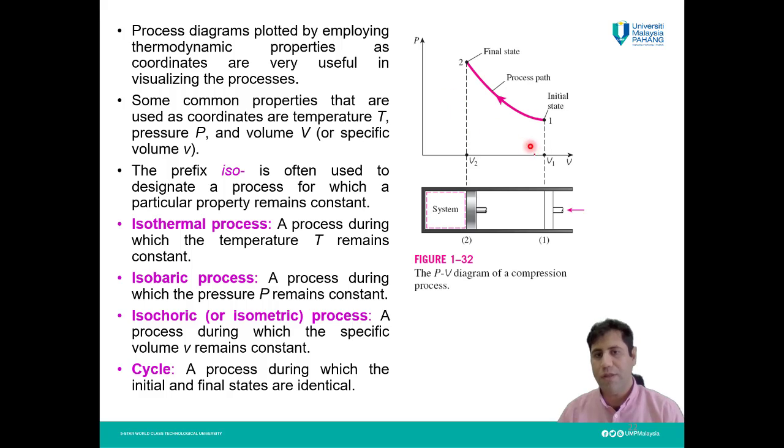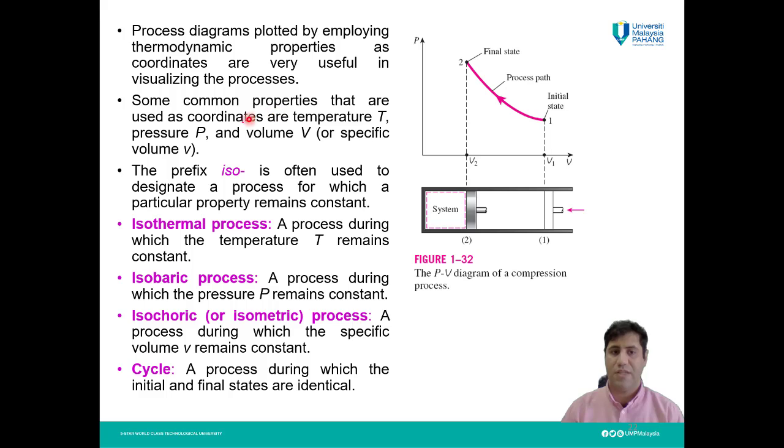We can draw this, because the initial volume and final volume are easy to measure, and initial pressure we also know. Then we are interested to know how much will be the final pressure. We can easily find that by drawing this graph. But we should know about the process. How is the process?